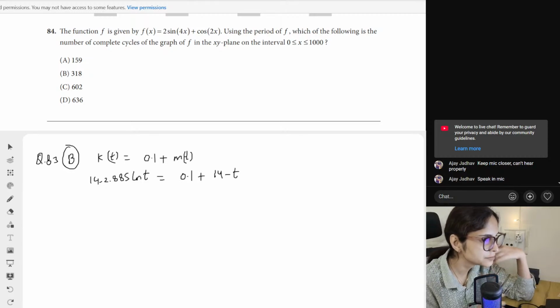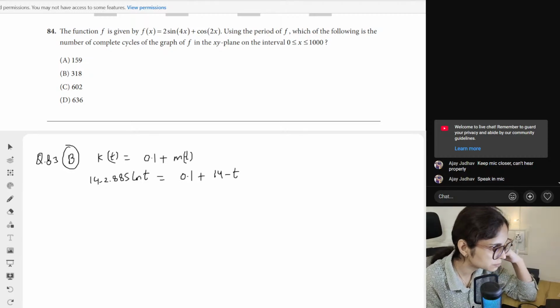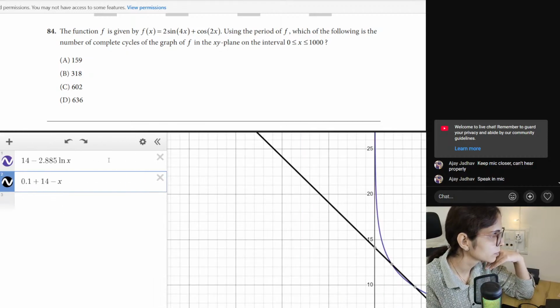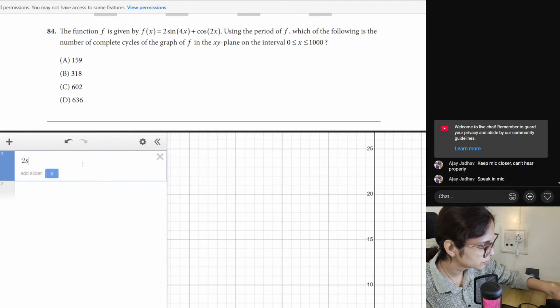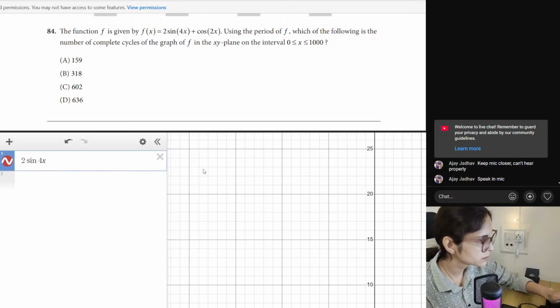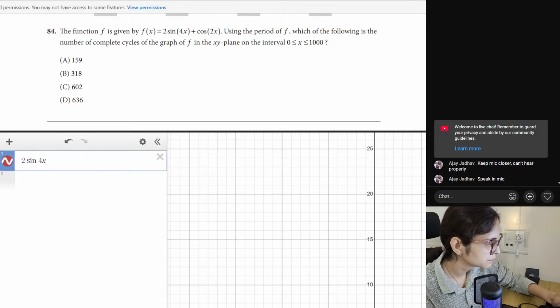Let me graph it. So we have 2 sine 4x plus cosine 2x.